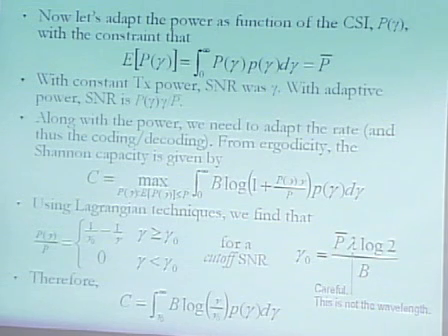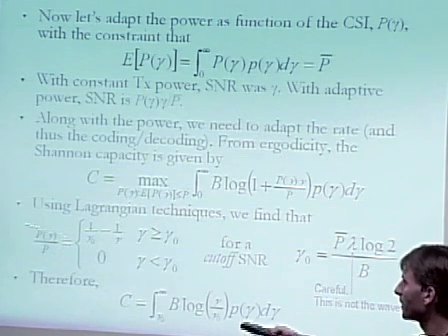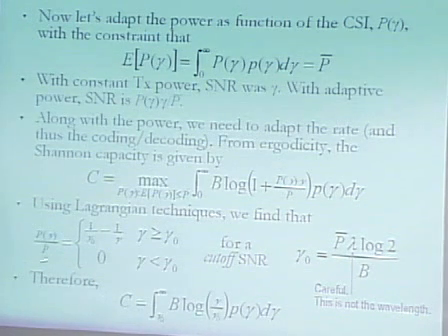This involves a little bit of math, and what comes out at the end is that the optimum P of gamma divided by P bar, for convenience, has this form. Whenever gamma is below some gamma 0 that we call the cutoff SNR, we transmit no power, so P of gamma is equal to 0.